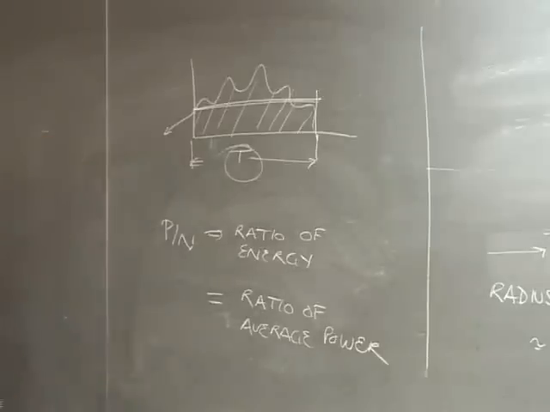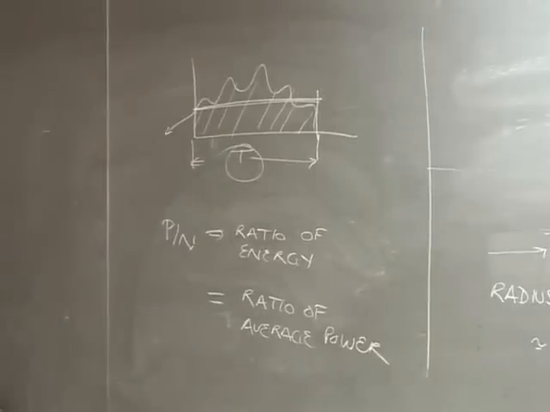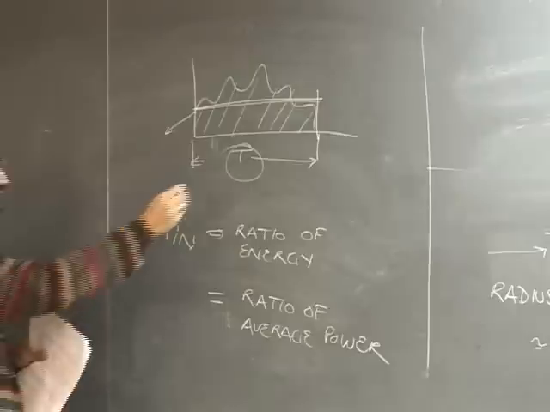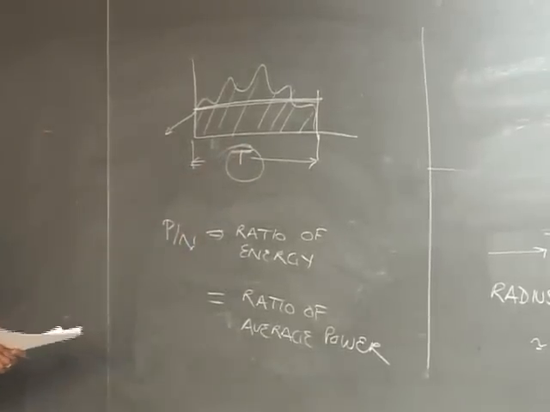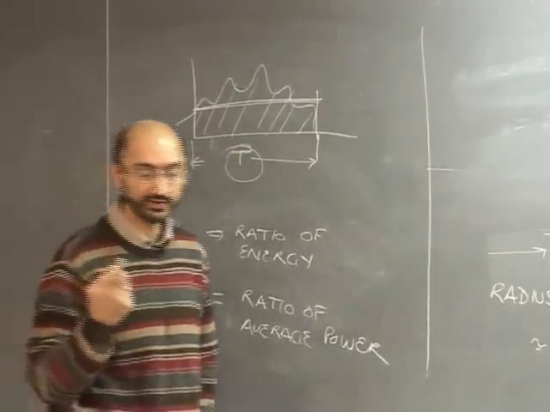The point I want to make here is that we are not talking about the specific power of a particular signal, but the average power of a signal. So it doesn't really matter that it's 0, 0, 0, 0, 1, 0, whatever. I'm just looking at the average power over a sufficiently long period of time T. That's a well-defined quantity, and so that's P/N. So now I've gone from energy to power. That's the first thing I've done.